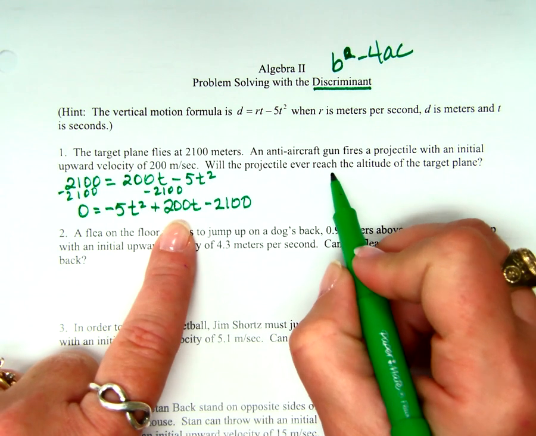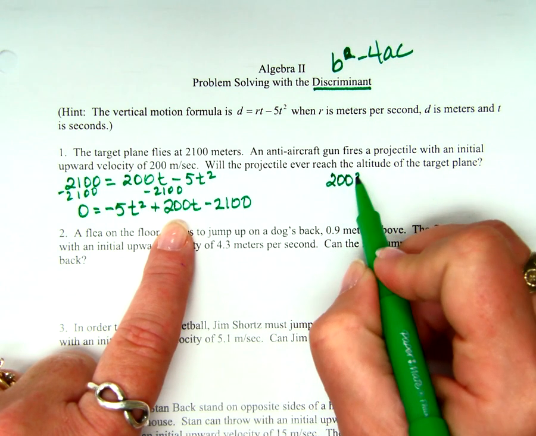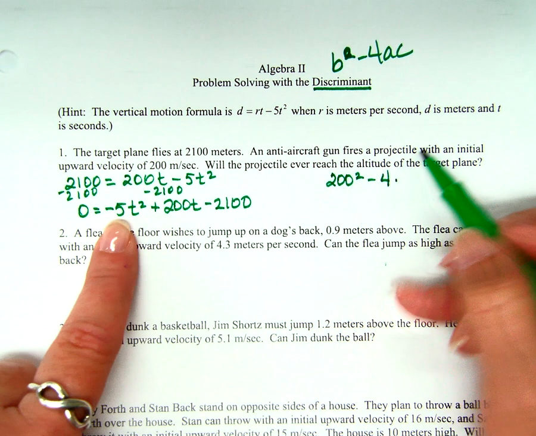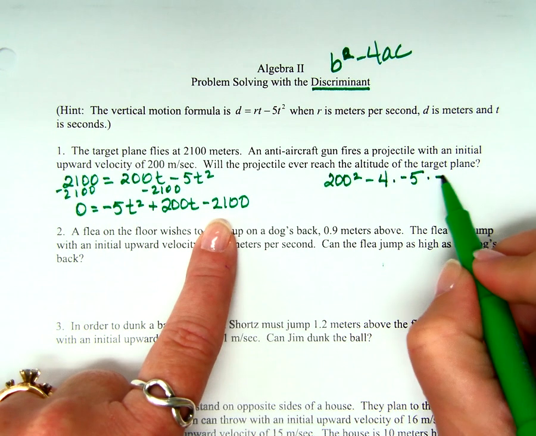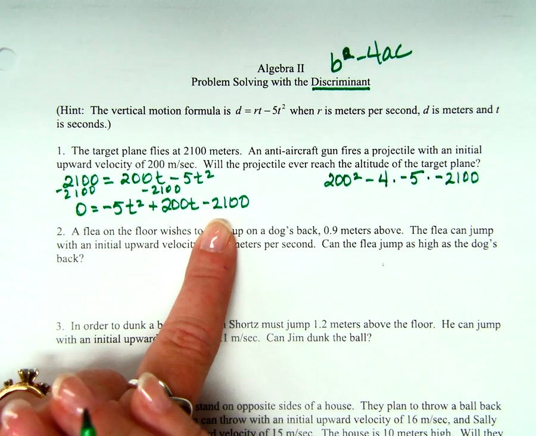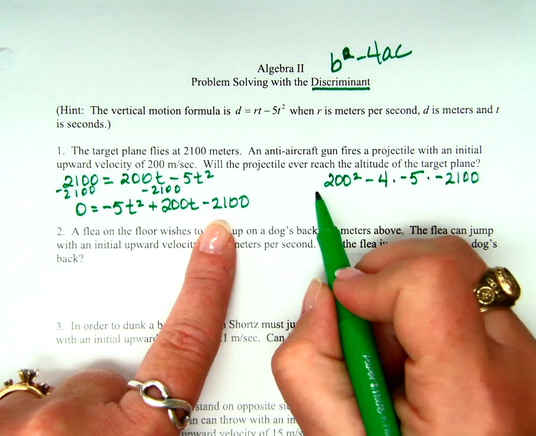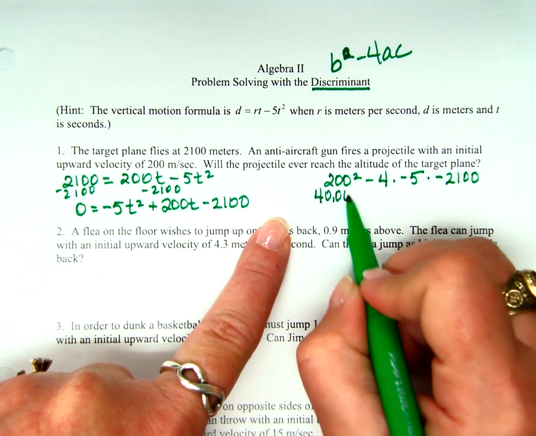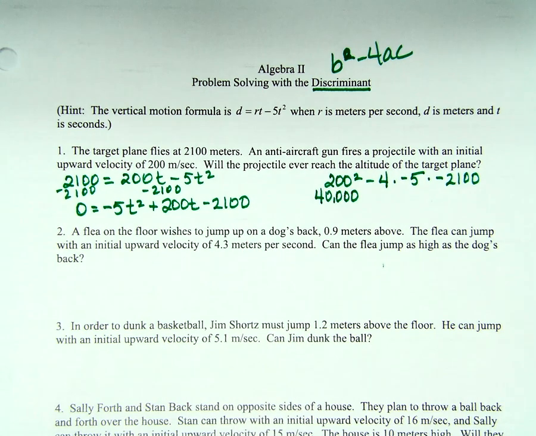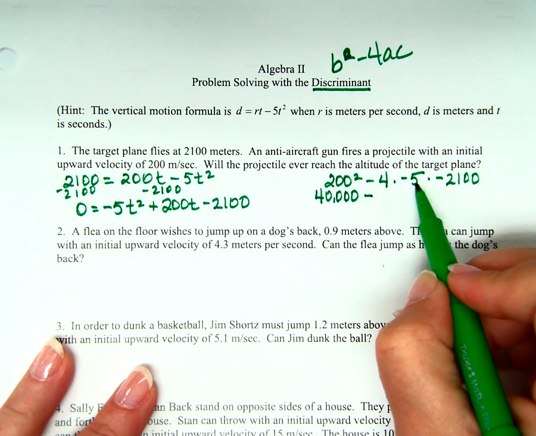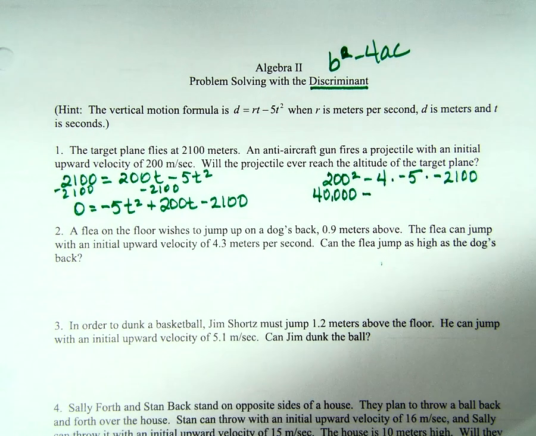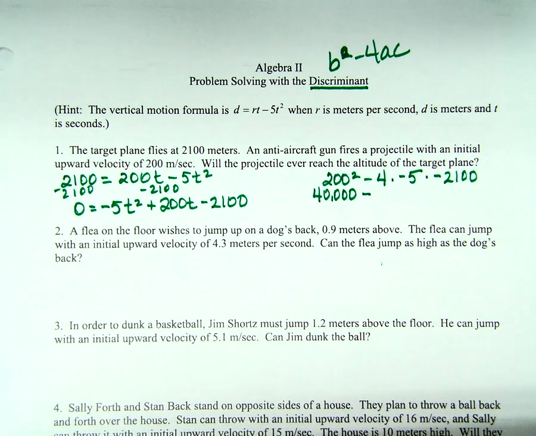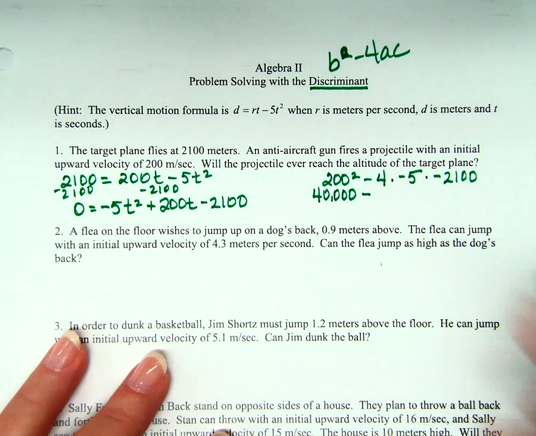B squared, 200 squared, minus 4 times A times C. 200 squared is 40,000. 4 times 5 times 2100. Do you know that off the top of your head? Oh, 42,000.